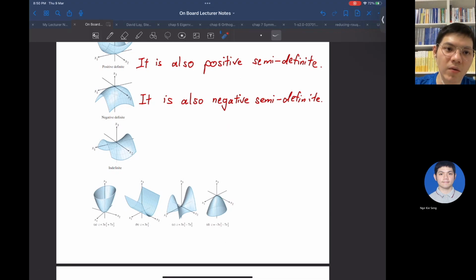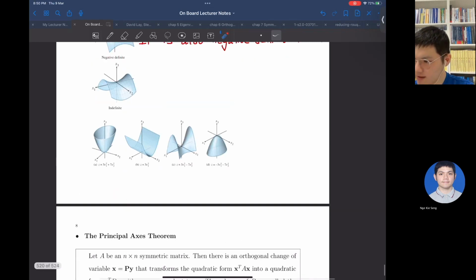Okay, so how do we classify a quadratic form in general? It might seem very hard. So we need to devise some method to see it easily. So let's look at one example.